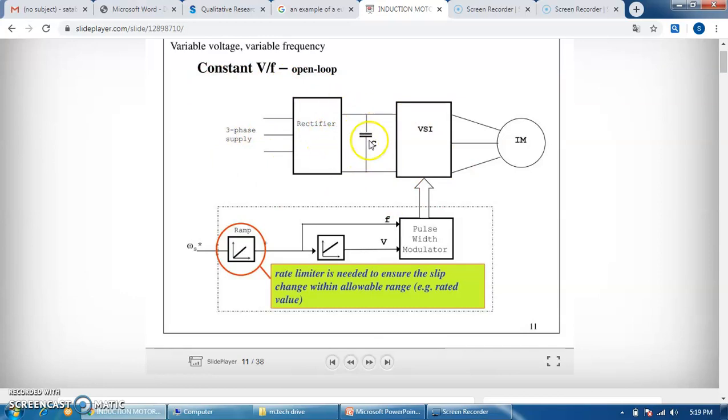In between, it is connected across a capacitor, VSI voltage source inverter that is connected across the induction motor. Now here we are having the pulse width modulator or PWM, and the limiter is needed to ensure the slip change within the allowing value. Here we are using a ramp function, and by that the circuit is done.